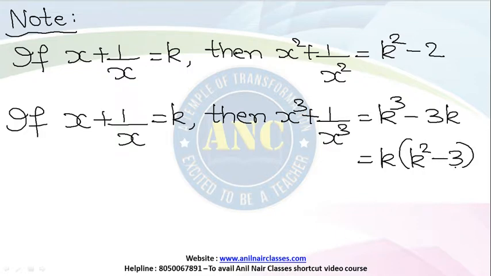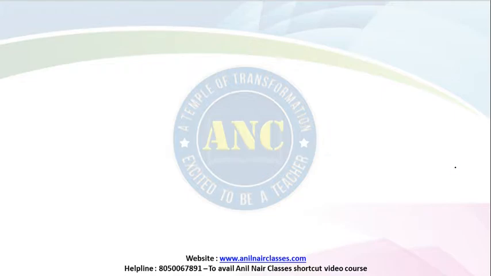The proof is also very simple, but let us not waste our time proving all these things right now. If x plus 1 by x is equal to k, then x cube plus 1 by x cube will always be equal to k cube minus 3k, or in other words, k times k square minus 3. Now, why did I discuss this?